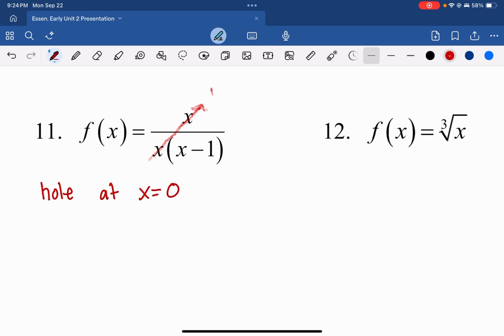But left over, we still have this x minus 1. My reduced f of x is 1 over x minus 1, so I can't divide that out. So we're still going to have a vertical asymptote at x equals positive 1. Holes happen if I can divide stuff out. Vertical asymptotes happen if I can't. If I were to graph this, we'd have a hole at 0 and a vertical asymptote at 1.